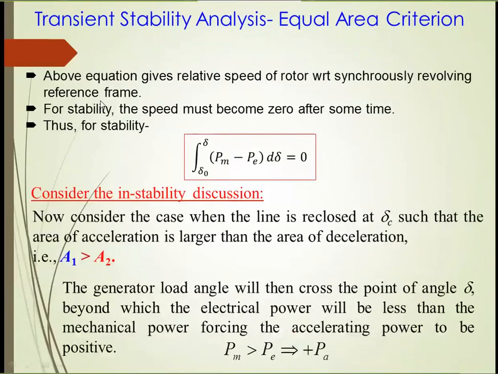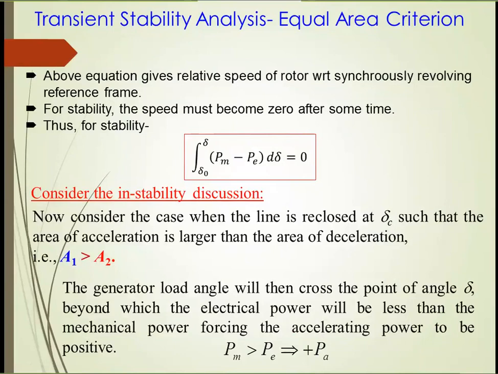And from this relationship, it tells us about the relative rotor speed with respect to the synchronously revolving reference frame. There is a spelling mistake; it is synchronously revolving reference frame. Refer to the previous slide. We defined one revolving frame which was revolving at omega s.